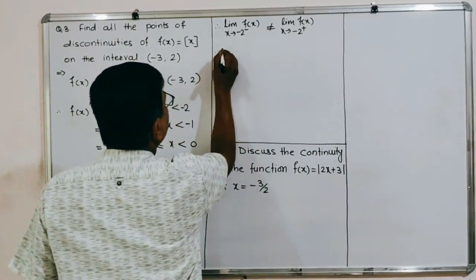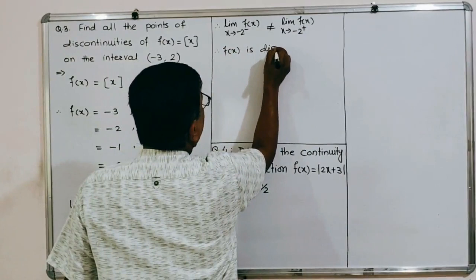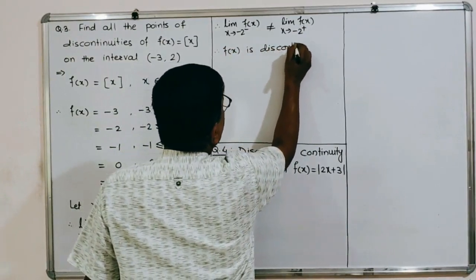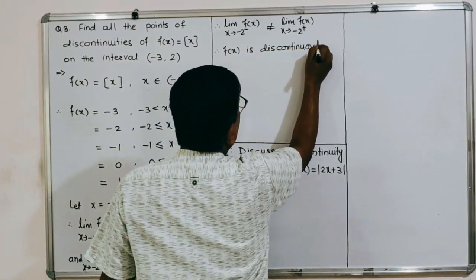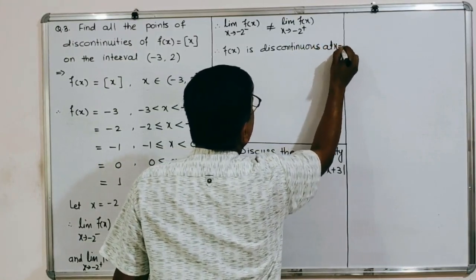Hence we can say that f of x is discontinuous at x is equal to -2.